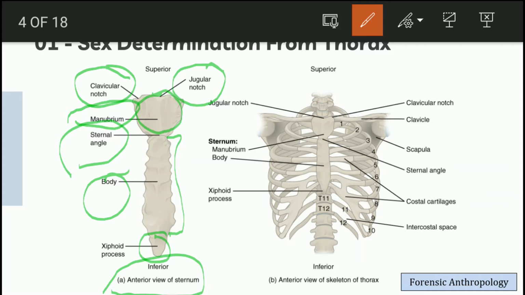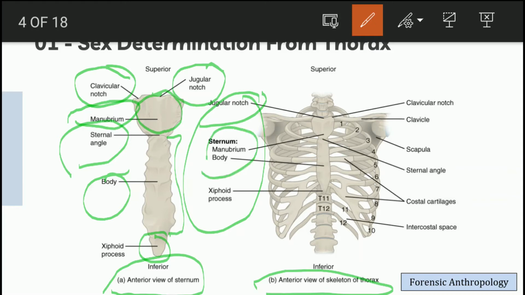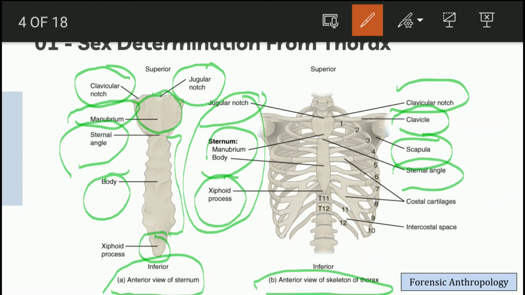And here is the anterior view of the skeleton of the thorax. On the left side is the sternum that we discussed earlier: the jugular notch, then manubrium, the body of the sternum and the xiphoid process. Here is the clavicular notch, then the clavicle or collarbone, then the scapula, a triangular bone on the back side of the body, then the sternal angle, again a joint formed by articulation of the manubrium and the corpus sterni.